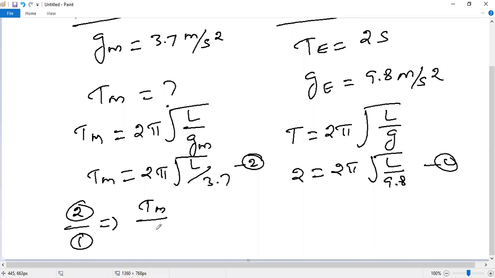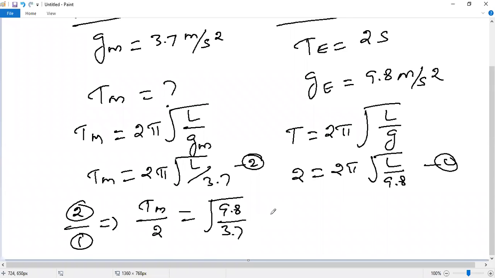Tm divided by T, 2 pi cancelled. Root L also cancelled. So what is the remainder terms? Only the gravity. Root of 9.8 divided by 3.7.